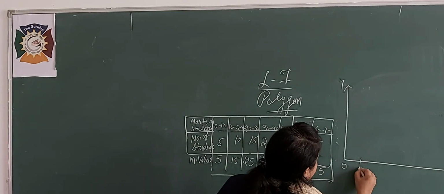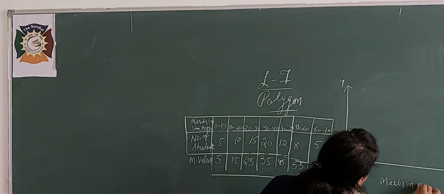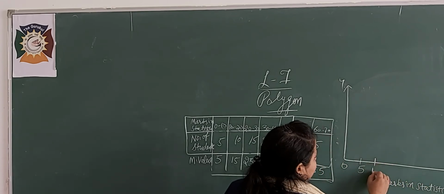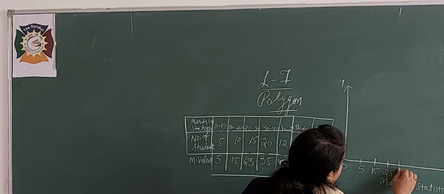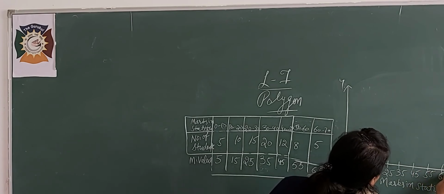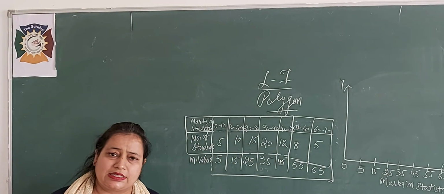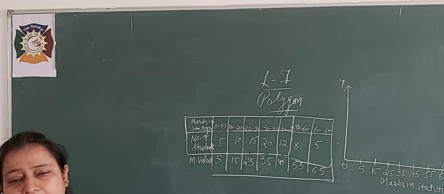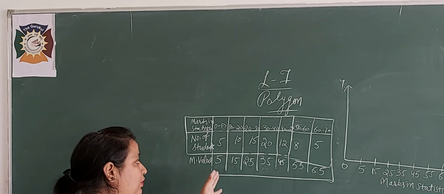So, I will take it accordingly. 5, that is marks in statistics. 5, 15, 25, 35, 45, 55, 65 and 75. I already told you about its beginning and ending. You will do it yourself. So, let us start.